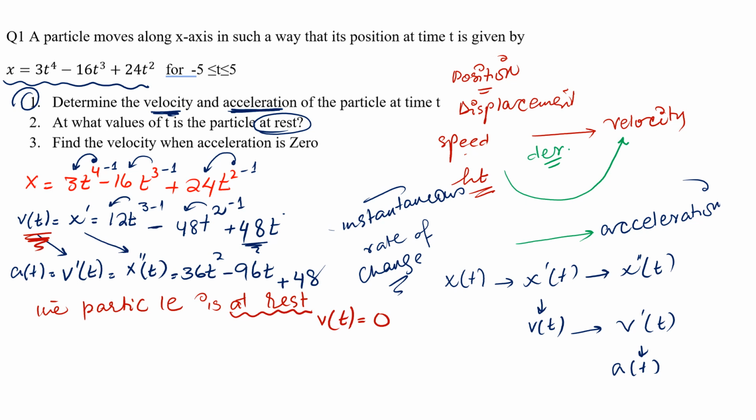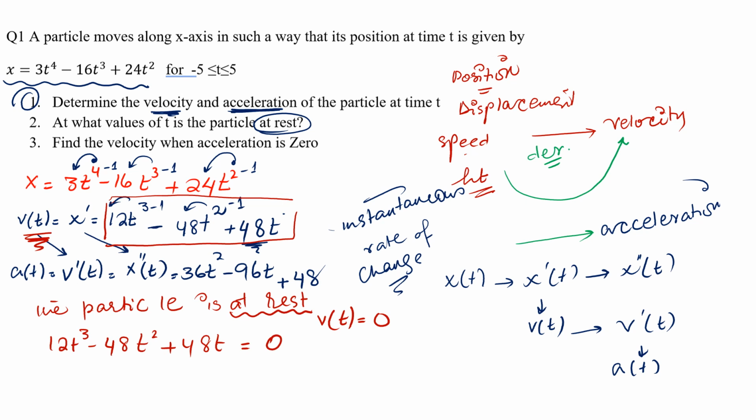The velocity function is 12t cube minus 48t square plus 48t. Keep this equation equal to 0 because velocity is 0. It means that the particle is at rest.